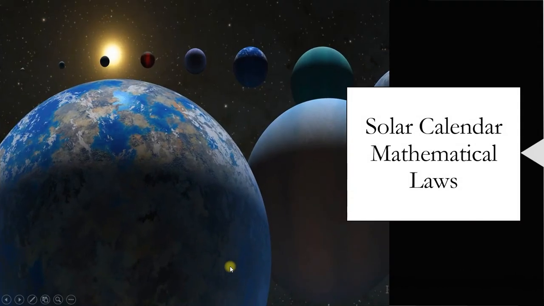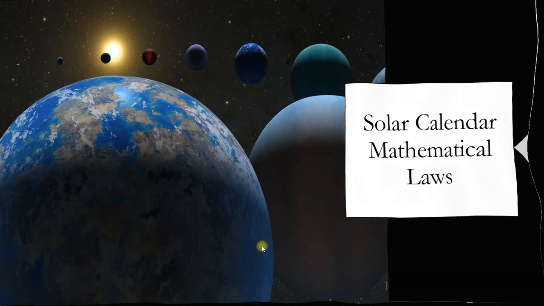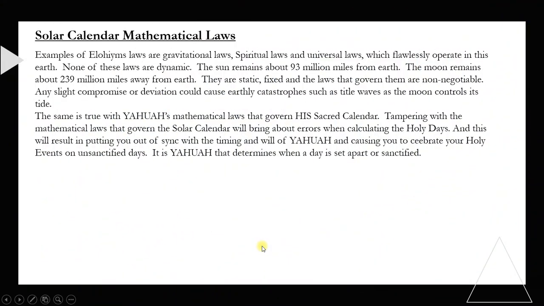Okay. Let's talk about the solar calendar and the mathematical laws that surround it. Examples of Elohim's laws, for example, are gravitational laws, spiritual laws, universal laws, and they flawlessly operate in this earth.